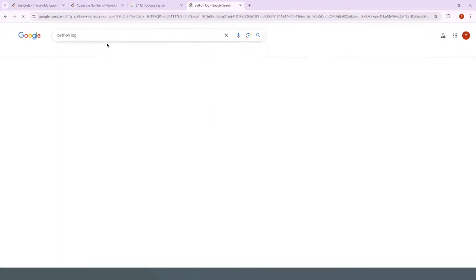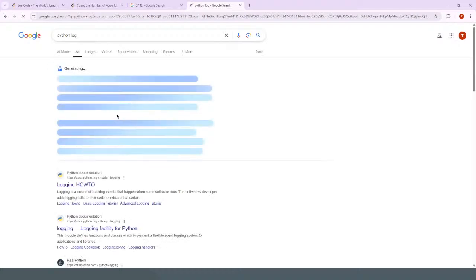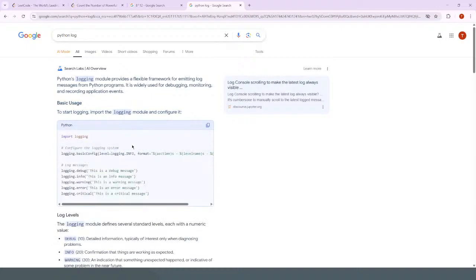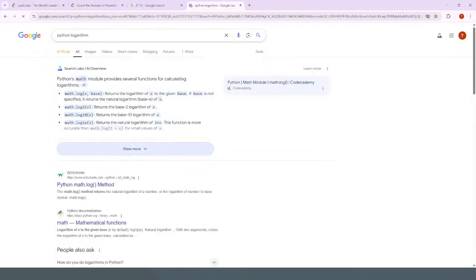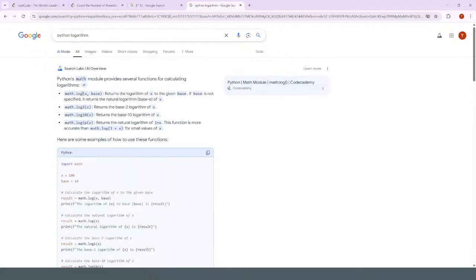I should be better at this. Log function. Okay, so it's log x in the base, or I can do log 10.